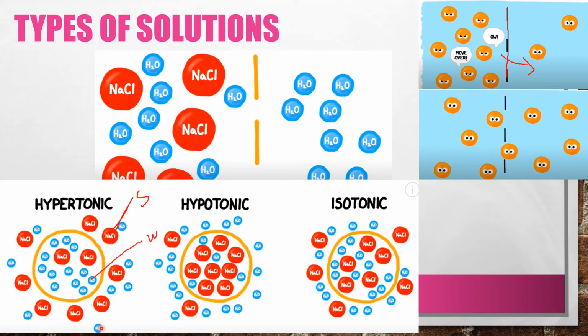So automatically the cell size will shrink. Only water can move through the plasma membrane. The salt is big in size, so it cannot move. Because of that reason, the cell size becomes shrunken. All the water content is coming out, and the cell size will shrink very small. Okay, this we can call hypertonic.